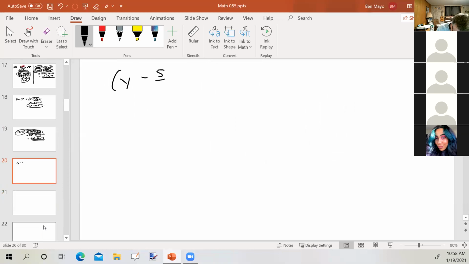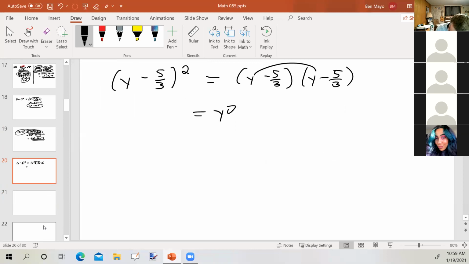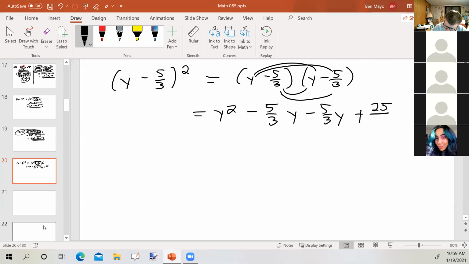Y minus 5/3 the quantity squared. So we're going to expand it. Y minus 5/3 times y minus 5/3. And then we're going to multiply it all out. Y times y is y squared. Y times minus 5/3 is minus 5/3 y. Minus 5/3 times y is minus 5/3 y. And minus 5/3 times minus 5/3 is going to be plus 25/9.